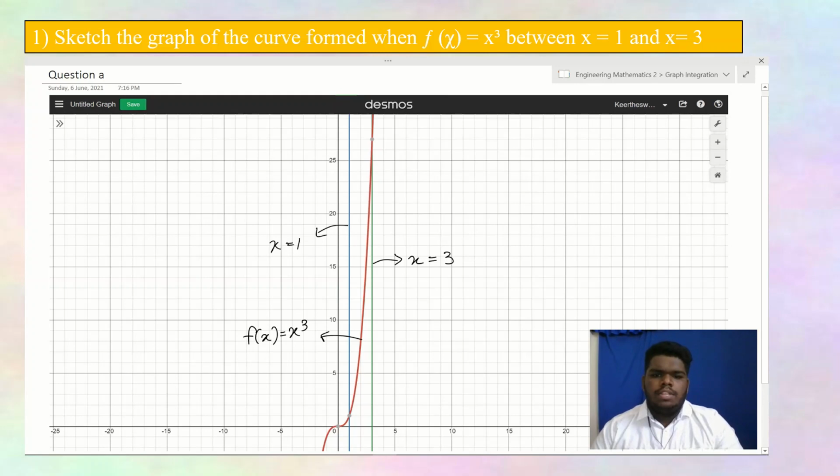As you can see, it goes straight down to 3, and here it is 27. Here this coordinate is 1 and 1.